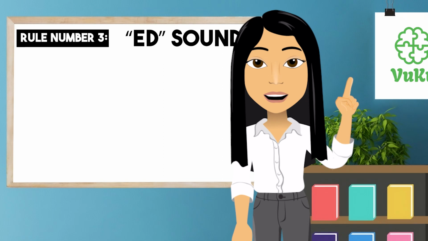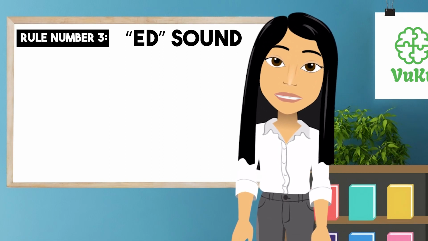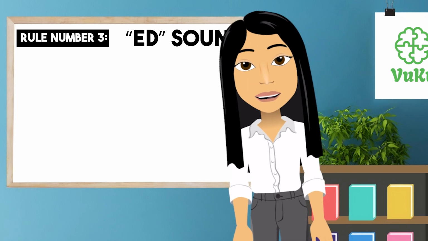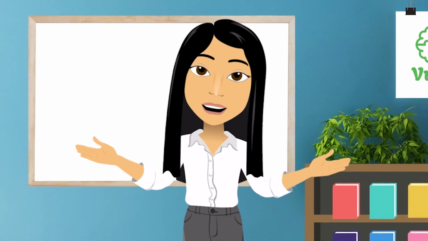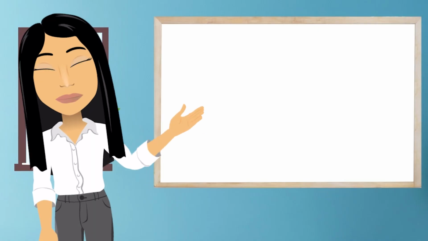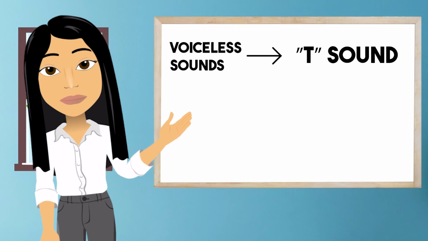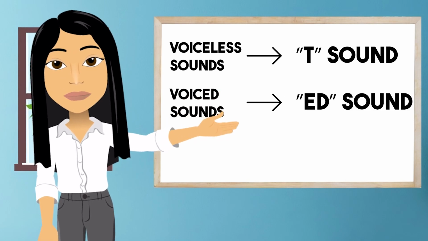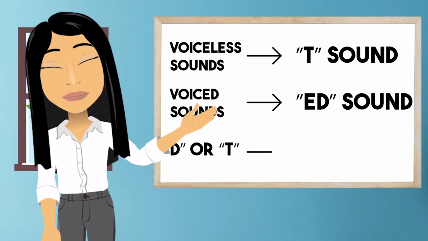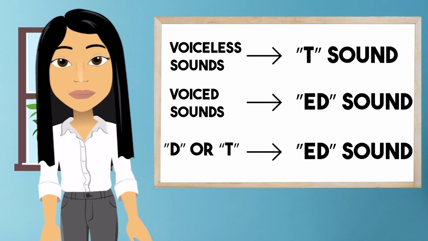One thing to keep in mind is that there are always exceptions to the rule. So when you are learning to pronounce the words, be sure to ask a teacher for help. So there we have our 3 categories of ed pronunciation. First, voiceless sounds are followed by the T sound. Next, voiced sounds are followed by the D sound. And finally, D or T sounds are followed by the id sound.